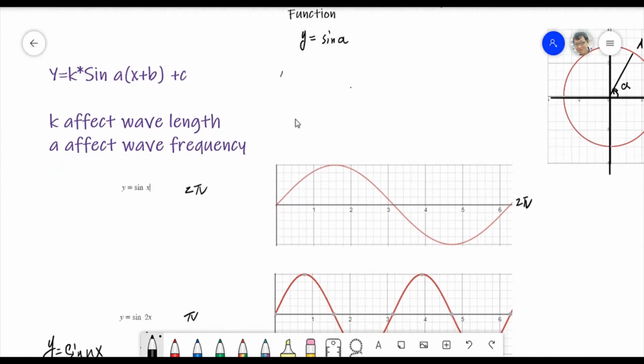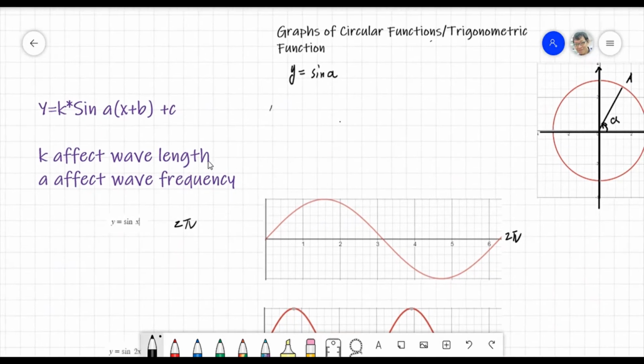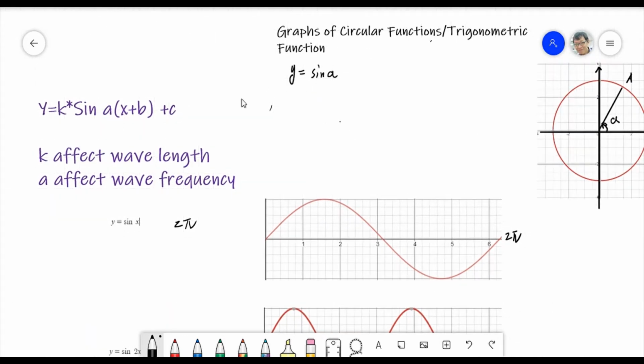Now I give a complicated expression of y equals sine x. This one is simple, right? Here's y equals k times sine a times brace x plus b brace back, plus c.